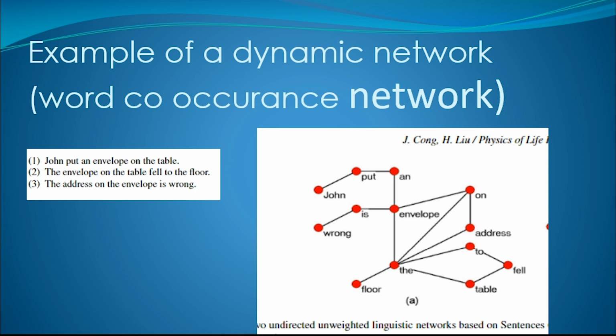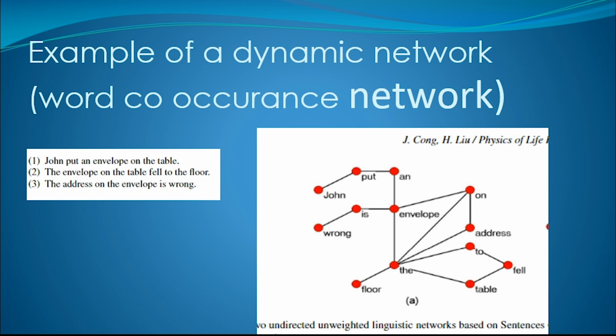So I connect like this, right? So this is only one of the methods of creating a network. If you have a large text, you may be creating a very large network.